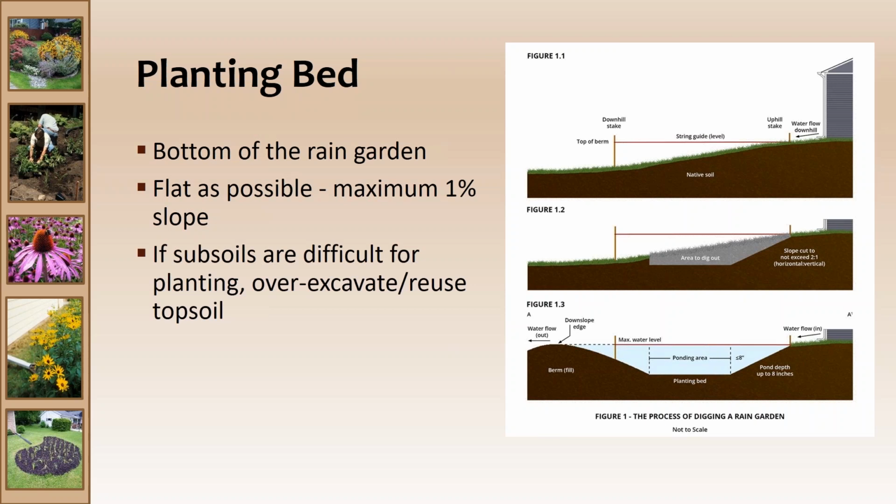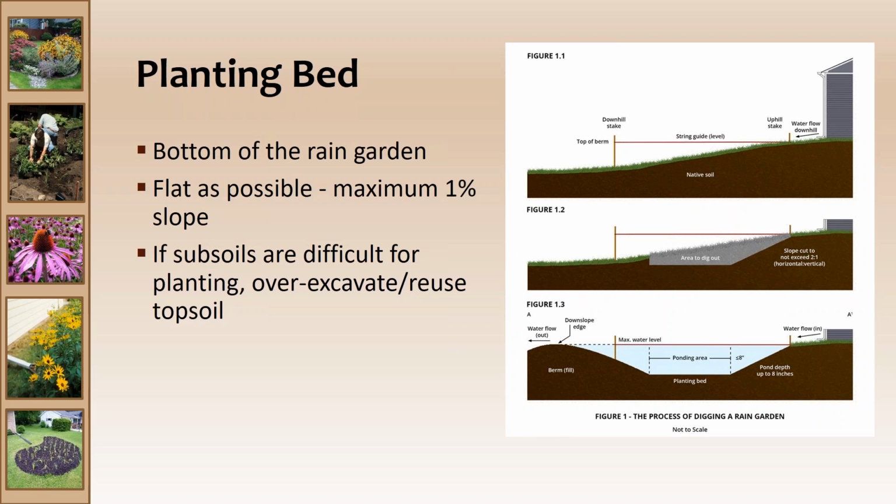If the subsoils are difficult for planting, in other words, as you start digging in for your rain garden and you start hitting a lot of rocks or sands and it's going to be difficult to plant on, then you need to plan to over excavate the rain garden by several inches and then reuse that topsoil that you pulled out for the planting bed. If you're using native plants, it's not as important and you don't need that much topsoil to work with.